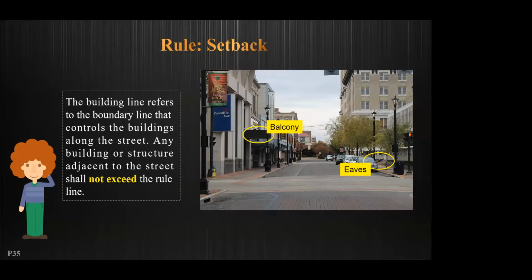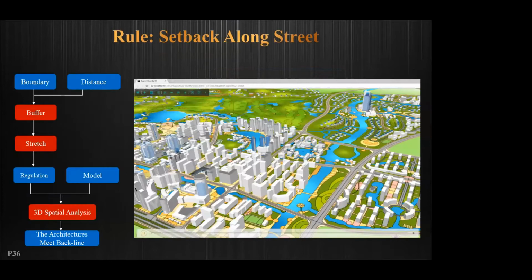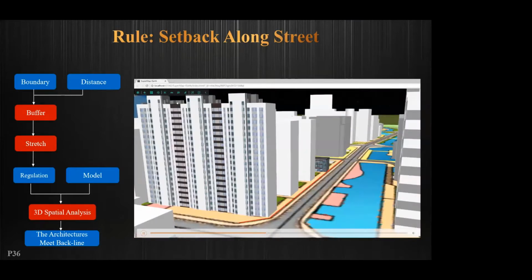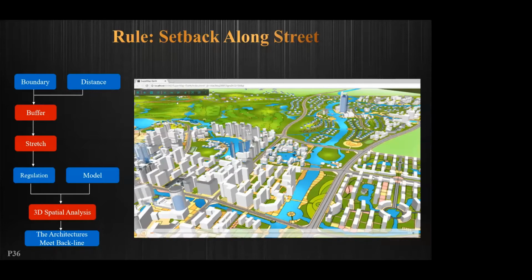Any building or structure adjacent to the street shall not exceed the rule line. So in the urban planning area, we can set the setback line along the street to analyze which building exceeds this line, and that means this building is illegal.